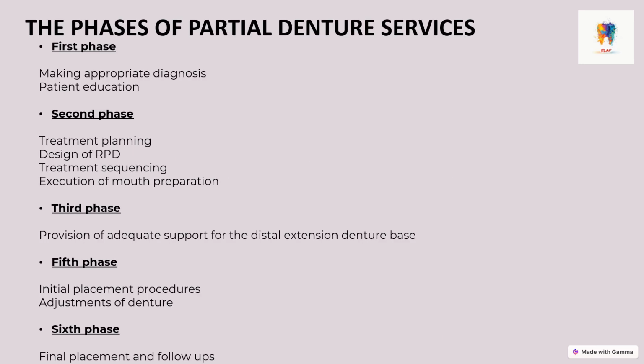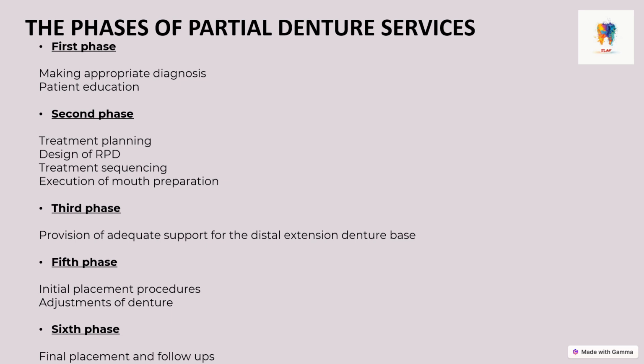Then we have the phases of partial denture services. When you're making a denture, what kind of services are you providing? We have six phases. In the first phase, we make an appropriate diagnosis.